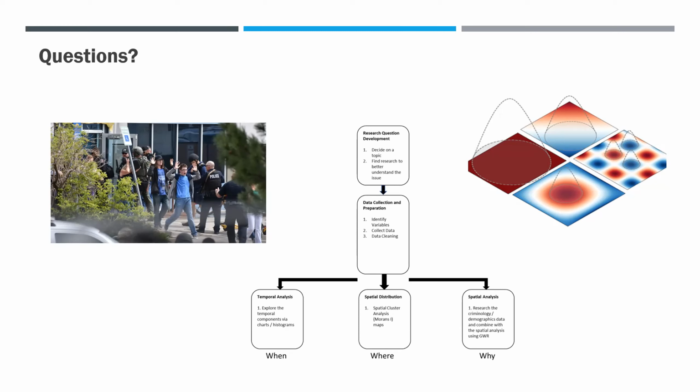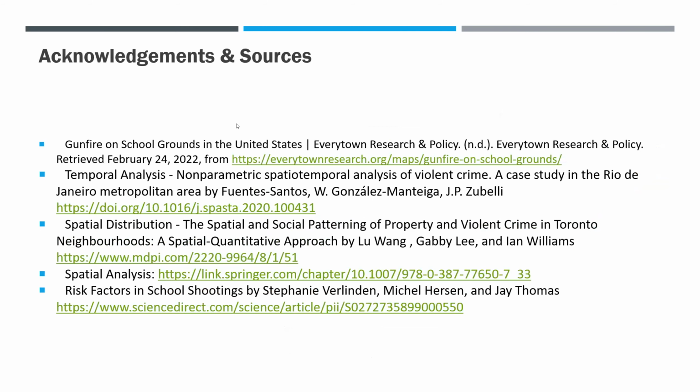If there's any more... Where are you getting your data? Excellent. Let me pull that up. If you take a look here, this is Gunfire on School Grounds in the United States from Everytown Research and Policy, retrieved on February 24th, and I've included a link here, everytownresearch.org.